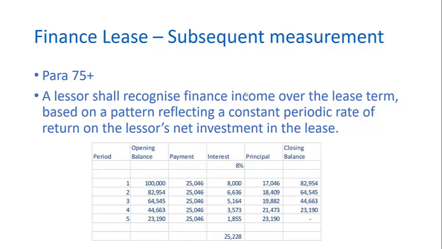And this looks very much like one of these present value type tables again. You can see that we have here 5 lease payments of 25 million or thereabouts, discounted at 8%, which has a present value of $100,000. And you'd recognise $8,000 worth of interest in the first period, and $17,000 would be a principal reduction.